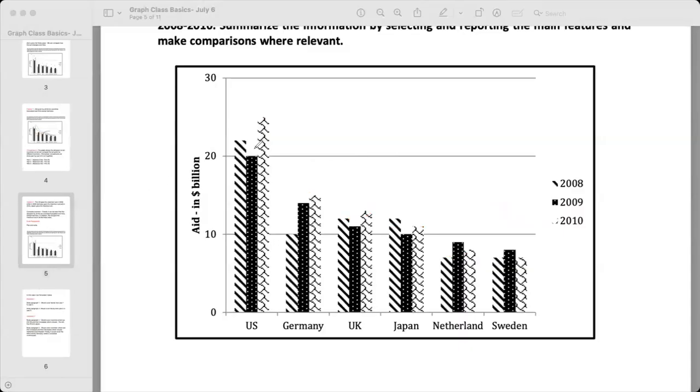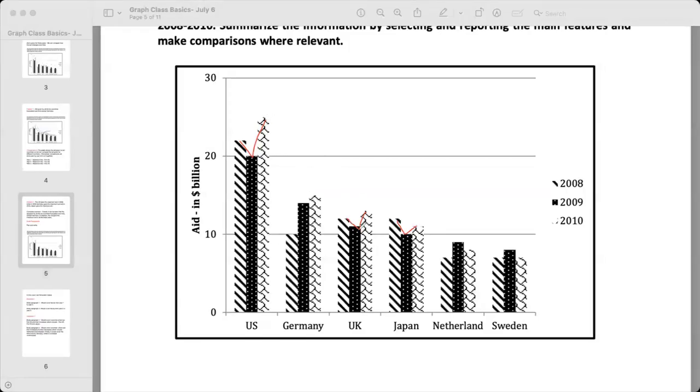But here I've discussed another approach. When I was doing this, this approach that I just mentioned was mentioned to me by a student and I really liked it. And I thought I'll discuss it with you. But the approach that I thought of was, I thought there was a similarity between US, UK, and Japan. And the similarity is that the funding by them first decreased and then increased.